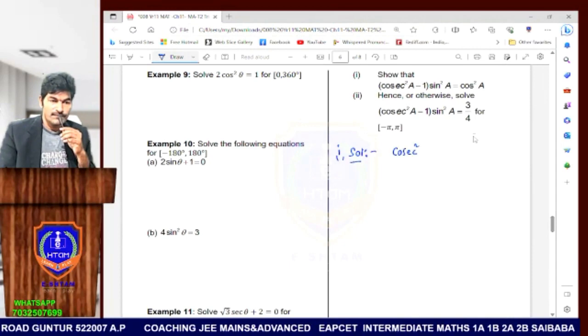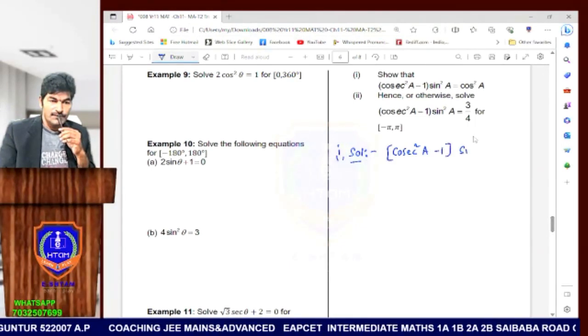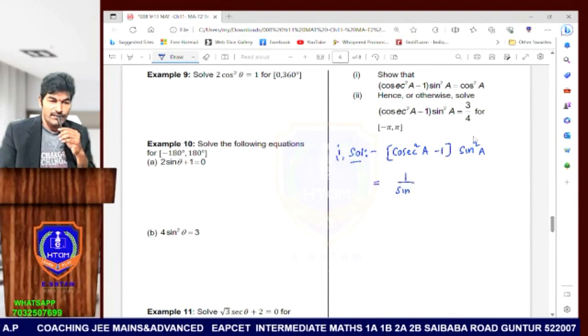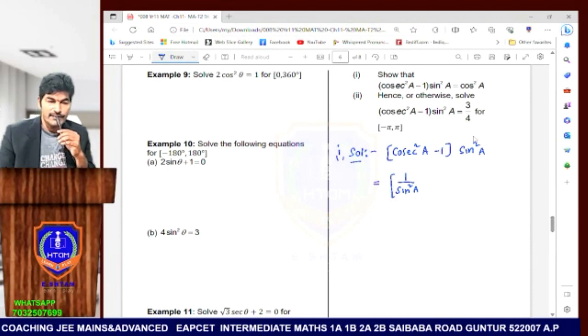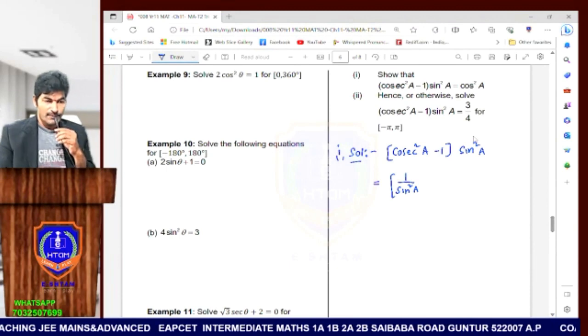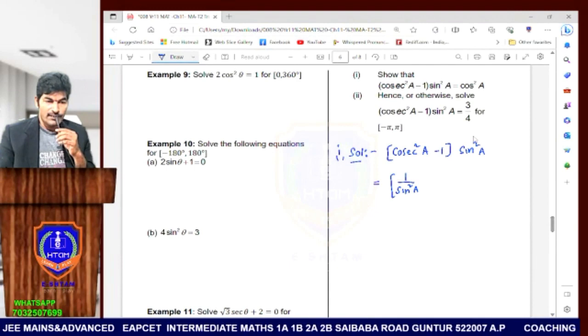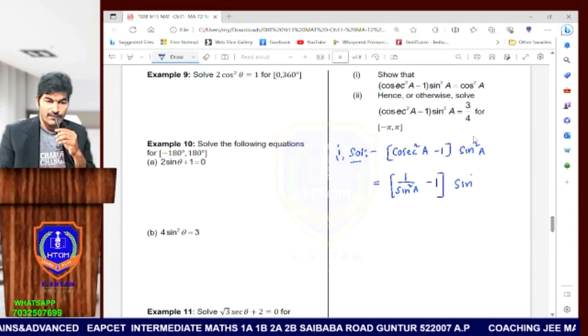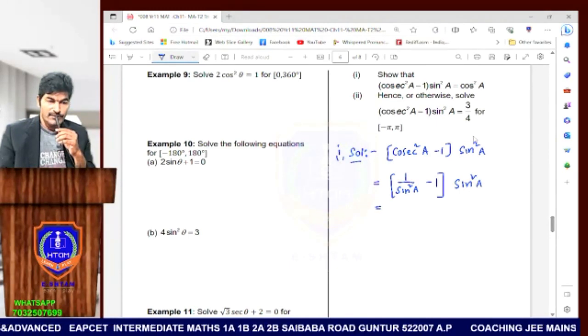So first question solution. Cosecant square A minus 1 into sine square A. Consider the left hand side. We know that cosecant square A means 1 by sine square A. Take the same brackets and replace cosecant square A with 1 by sine square A, minus 1, bracket close, into sine square A. Just do the LCM here.